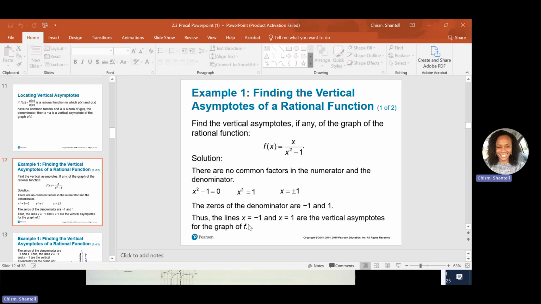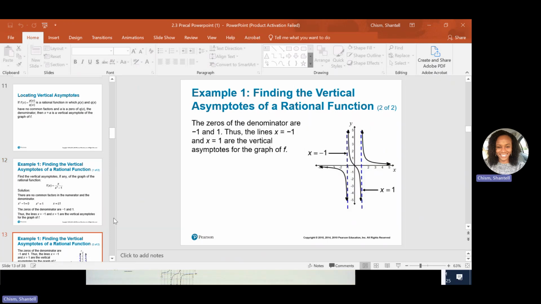And I want to illustrate this. I'm going to show you this on the graph. Here it is. Now, if we graph this on our calculator, of course, we won't see these broken dotted lines. They are the vertical asymptotes. And you'll see how the function gets kind of choppy because of the breaks in the graph.